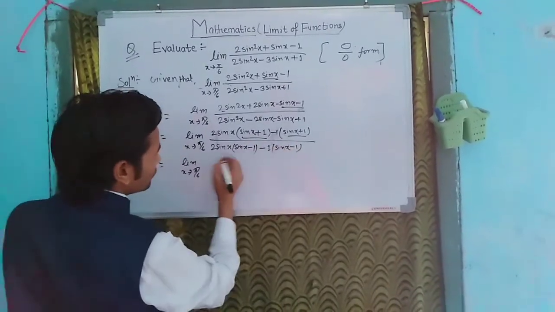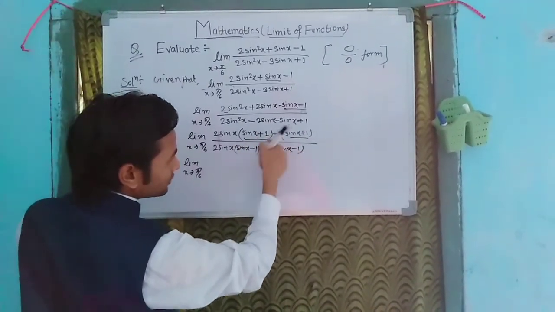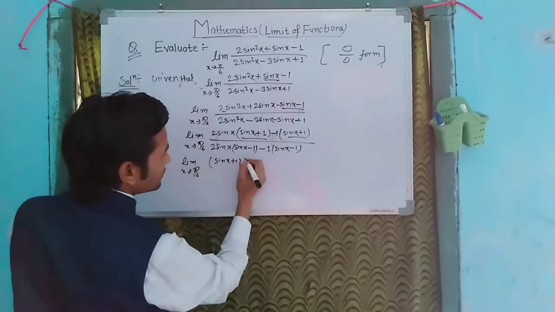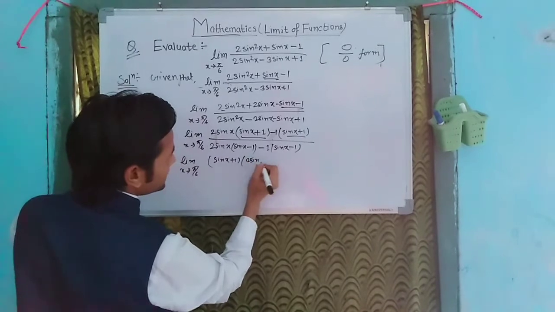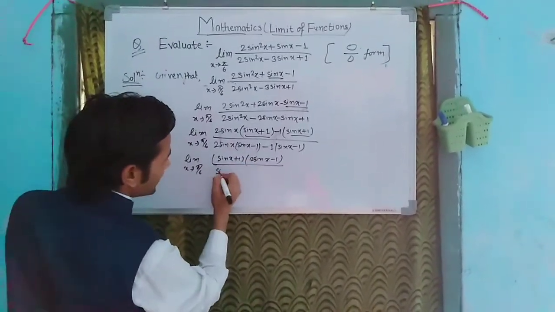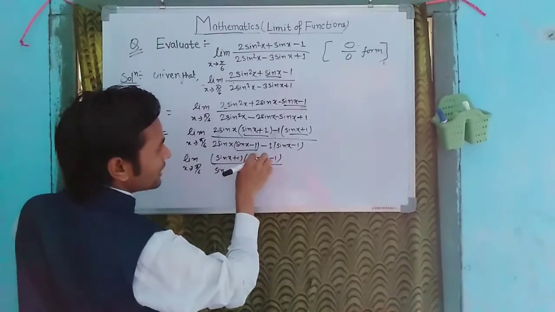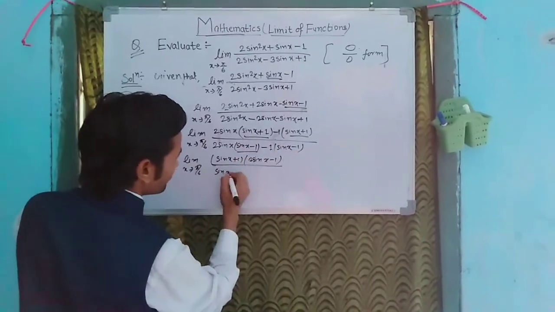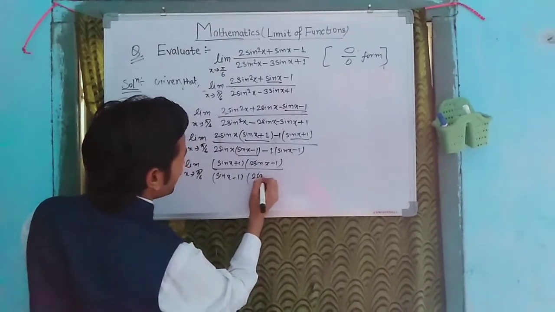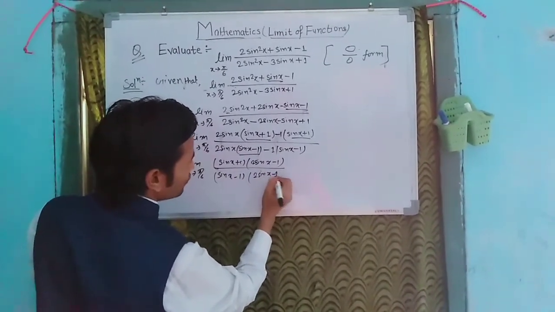Here also sin x + 1 is common, so we get (2 sin x − 1), divided by sin x − 1 common, taken outside, then we will have (sin x − 1).